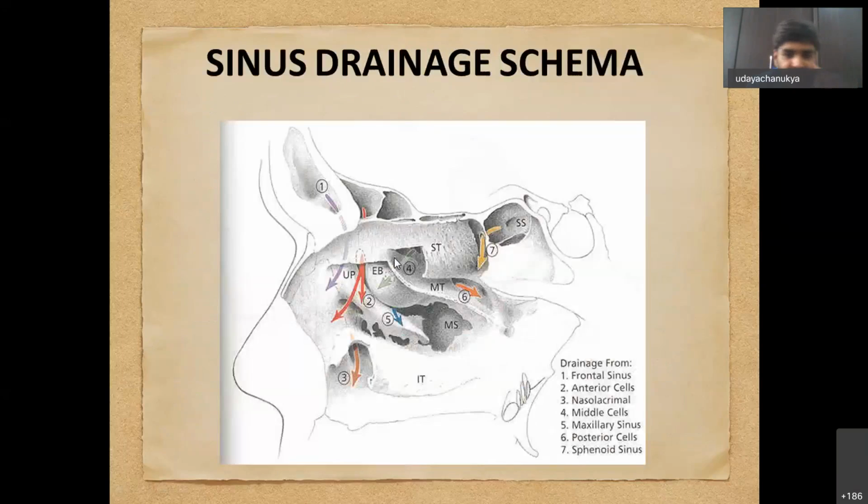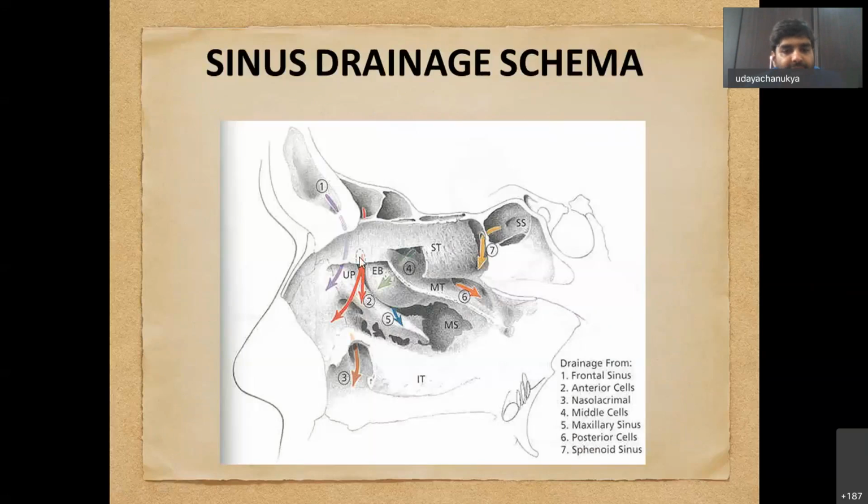For a better understanding, see this. This is the frontal sinus, the anterior group of ethmoidal cells, and the middle meatus, and the maxillary. All drain into the middle meatus, into the hiatus semilunaris here. The posterior cells drain into the superior meatus. And this is the sphenoidal functional unit, which drains into the sphenoethmoidal recess.